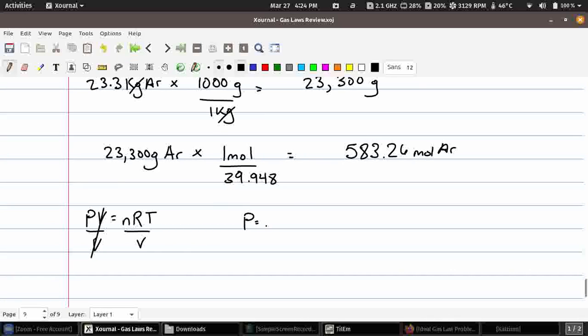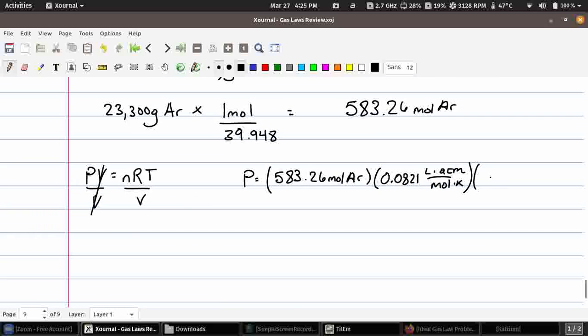So P equals 583.26 mole Ar times 0.0821 liters times atmosphere over mole times Kelvin, times 298.15 Kelvin divided by 212 liters.